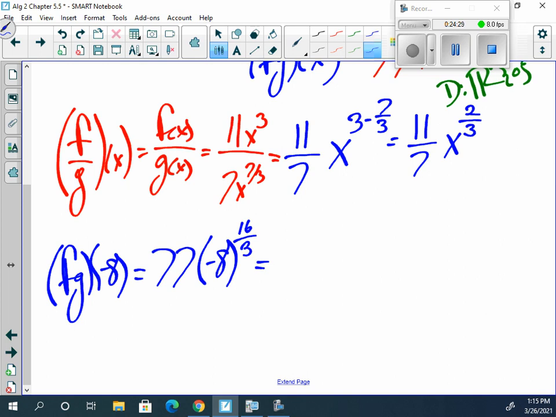This is going to be a huge number. Because -8, the cubed root of -8 is going to be -2, but we're going to have 77 times -2 to the 16th. So what do we have? 5,046,207.